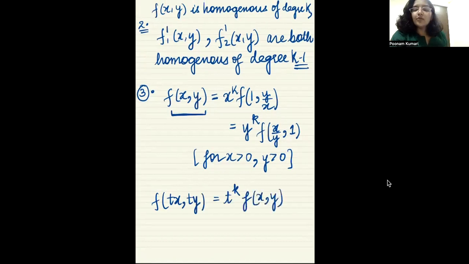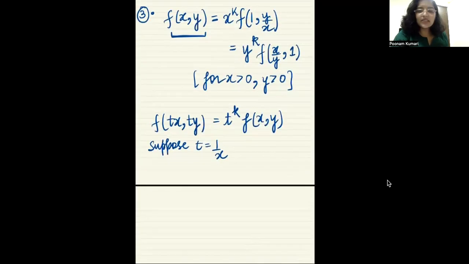For a moment, let's say that t is 1 by x. Suppose t is equal to 1 by x, and then let's see what the function value is. If t is 1 by x, can you please rewrite this equation for me?